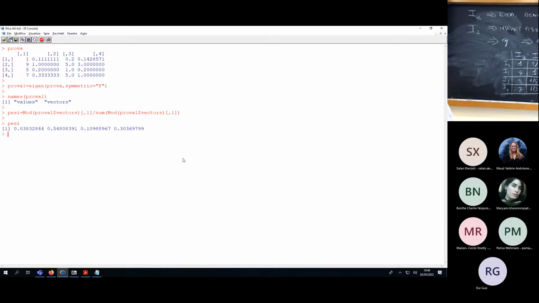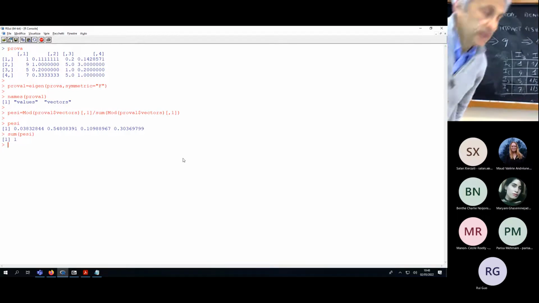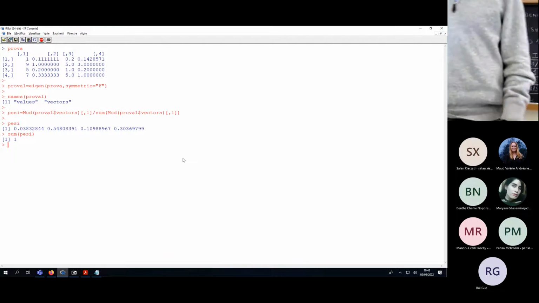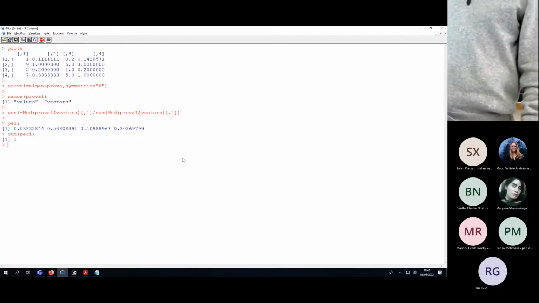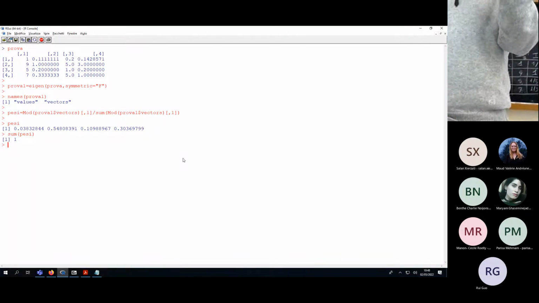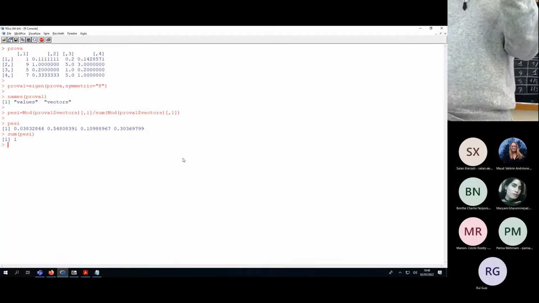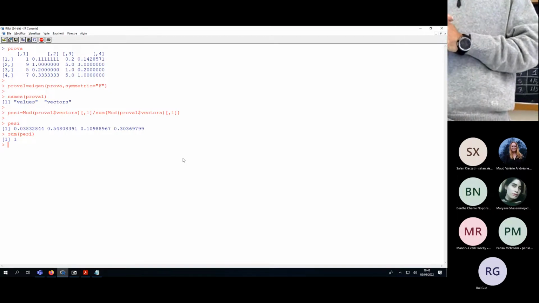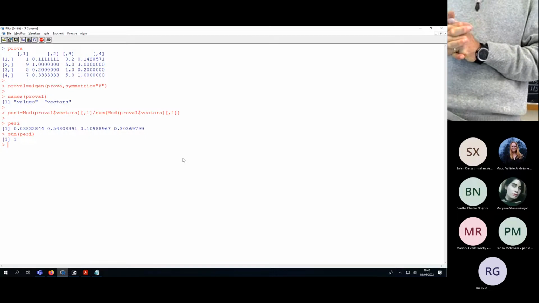You see that the weights sum up to 1. If you make sum PESI, it's 1. Again, let's look at the instruction for the computation of PESI. It is taking the right eigenvector. You see that there is between squares, comma 1, which is the first one. It's the right eigenvector. And then it takes the module of the vector.